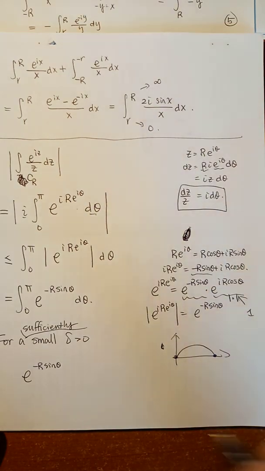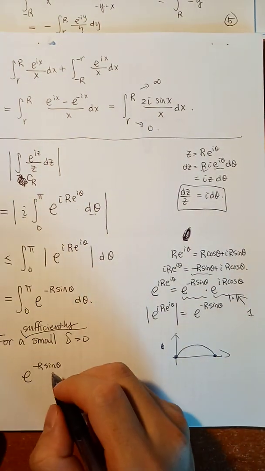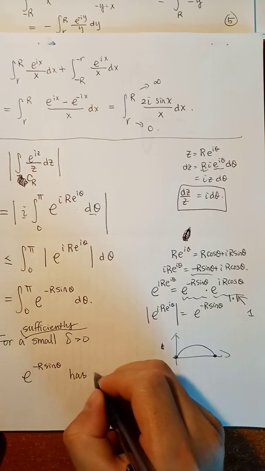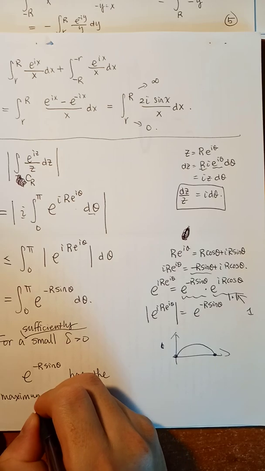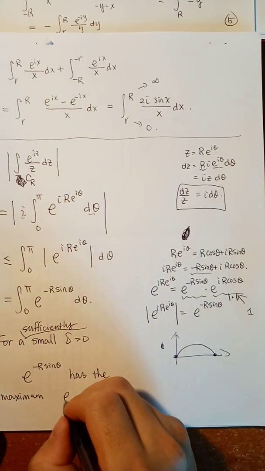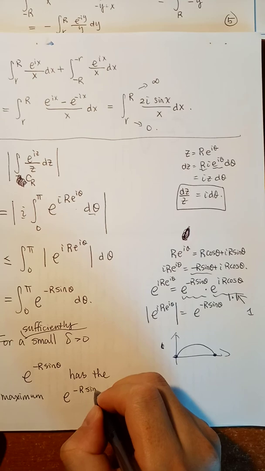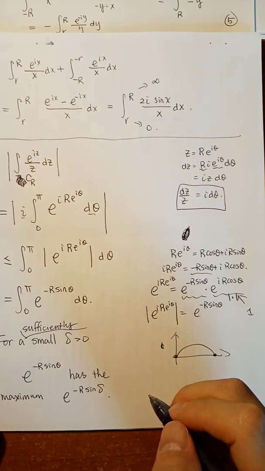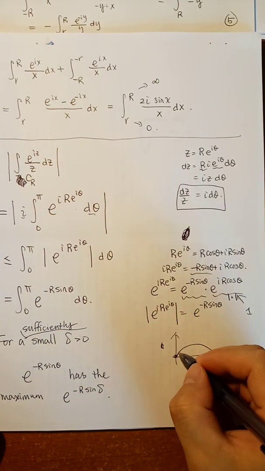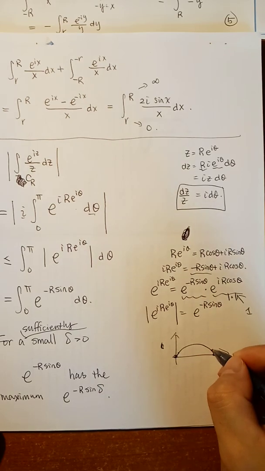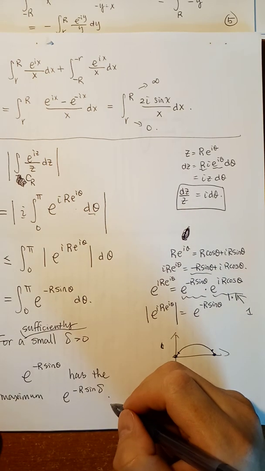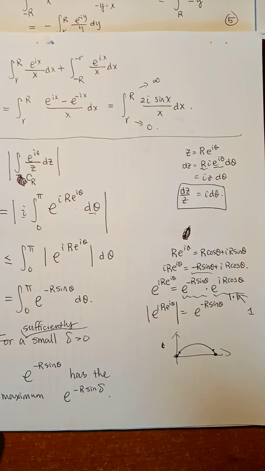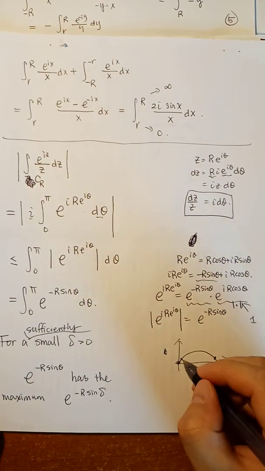It has a maximum value, e to negative R sin δ. And this part is increasing. You choose a δ, you understand? So you have the maximum value at δ.